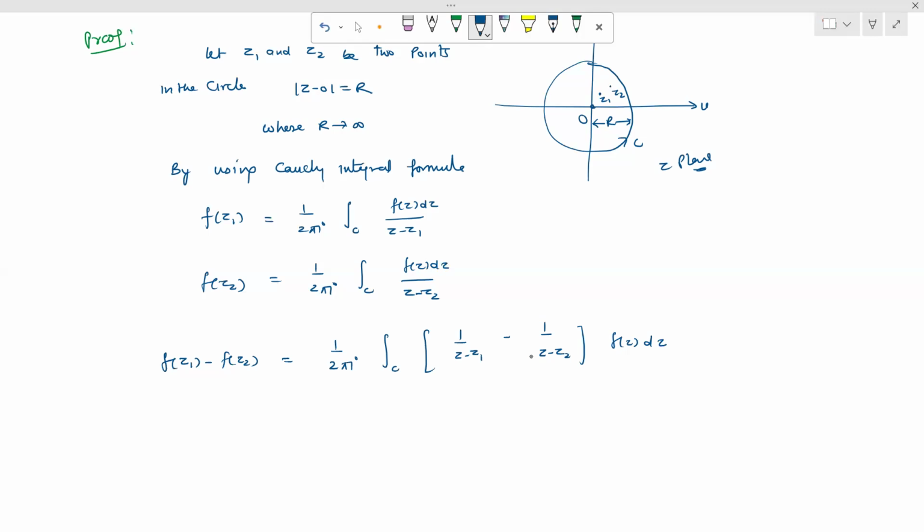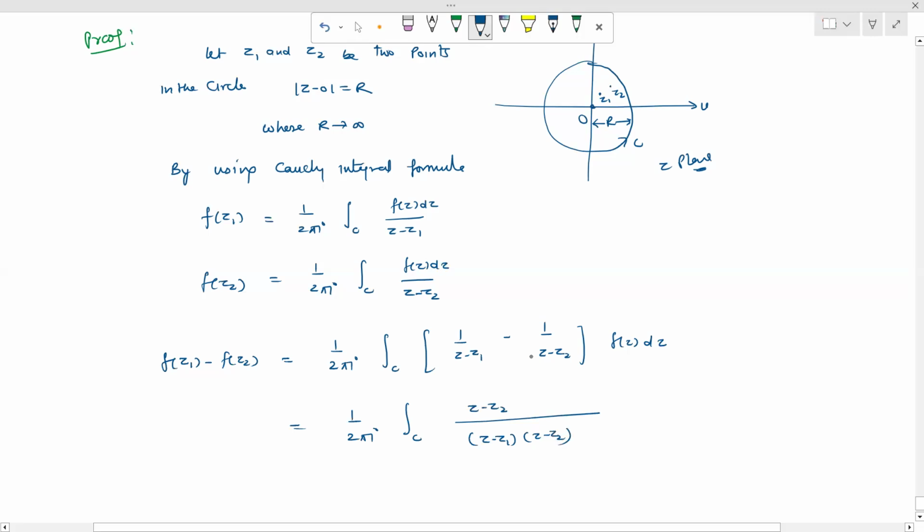So we write this as 1 upon 2 pi i integration along the curve C. We can take the LCM as (z minus z1)(z minus z2). So we write this as z minus z2 minus z plus z1, times f(z) dz. So here z and z cancelled, and we can write z1 minus z2.